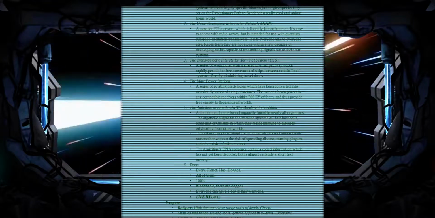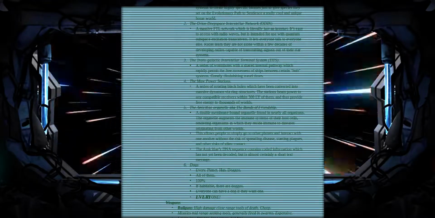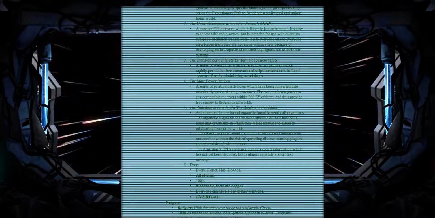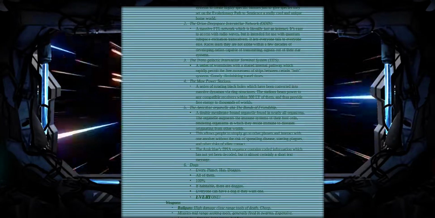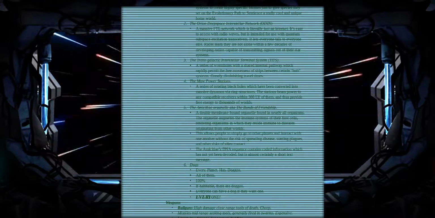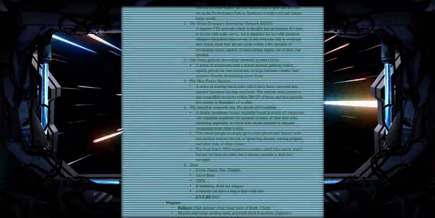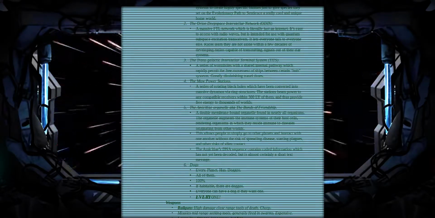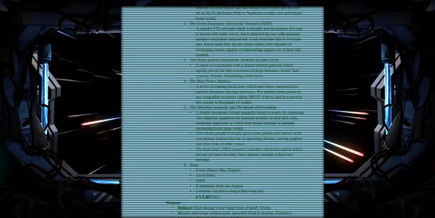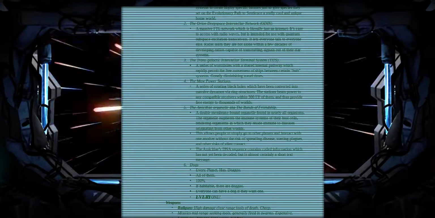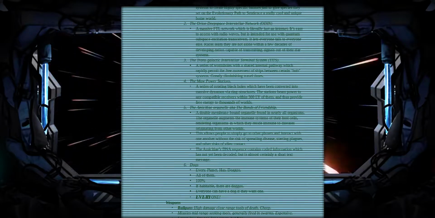Now, the Transgalactic Interstellar Terminal System is a series of wormholes with a shared internal pathway that rapidly permits the free movement of ships between certain hub systems. It greatly diminishes travel times because it's just a giant frickin' subway for the entire galaxy. Yep, subway system. In space, using wormholes. Why? Because it's cool.